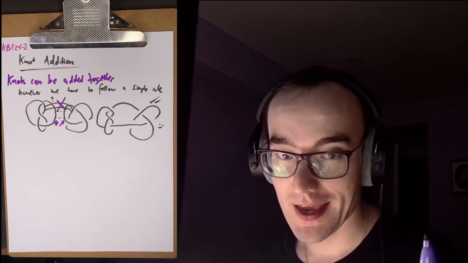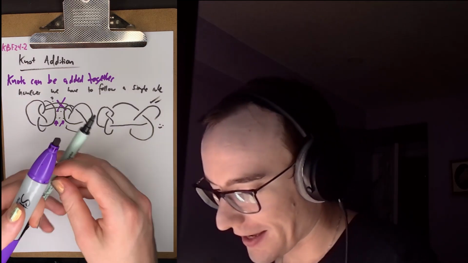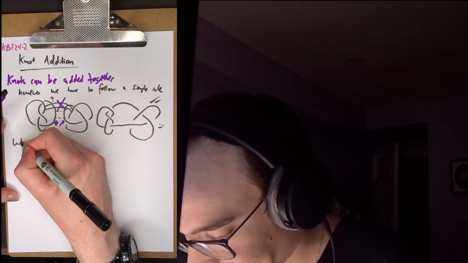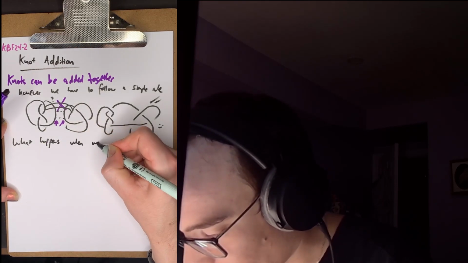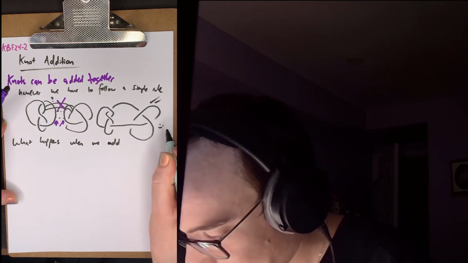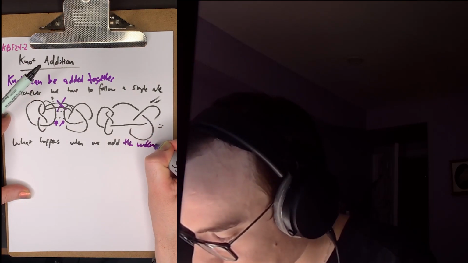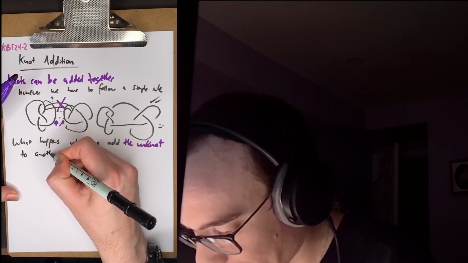Moving on. After adding our knots, what other exciting things can we do? We can add the unknot to things. That's always exciting. What happens when we add the unknot to another knot?